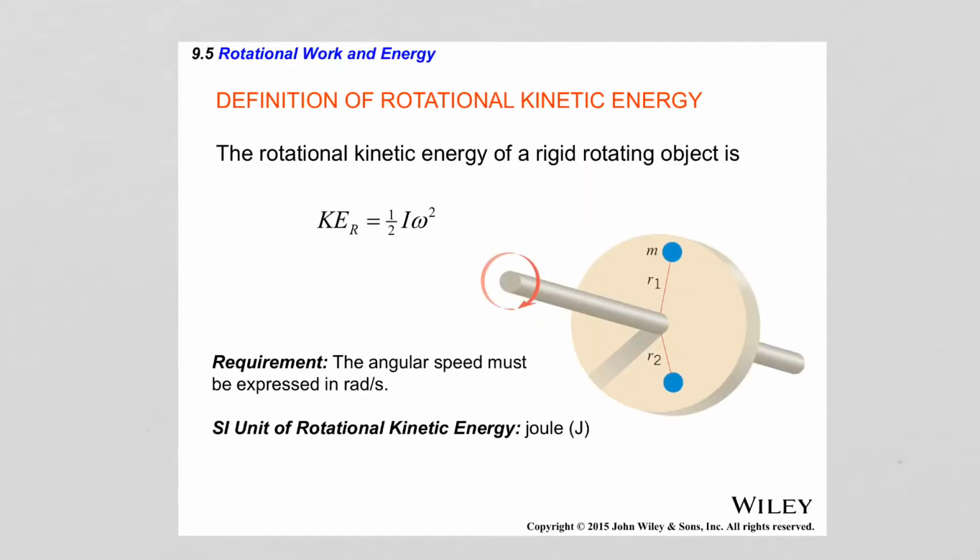So the rotational kinetic energy of a rigid rotating object, KE_r for rotation, is equal to 1/2 times the moment of inertia times the angular velocity to the second power. The requirement here again is that the angular velocity must be expressed in radians per second. The units for kinetic energy, in this case for rotational kinetic energy, will be joules as well.